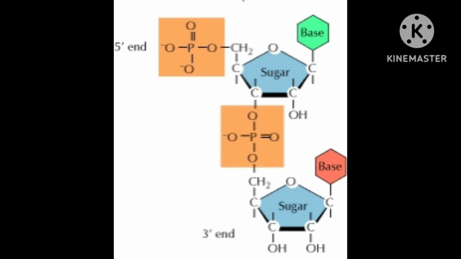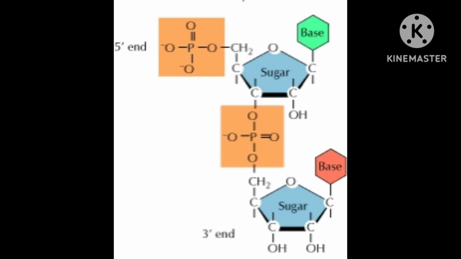In DNA molecules, the sugar moiety is beta-D-2-deoxyribose, whereas in RNA molecules it is beta-D-ribose. One is beta-D-2-deoxyribose in DNA, and in RNA it is beta-D-ribose. The only difference is the OH group.